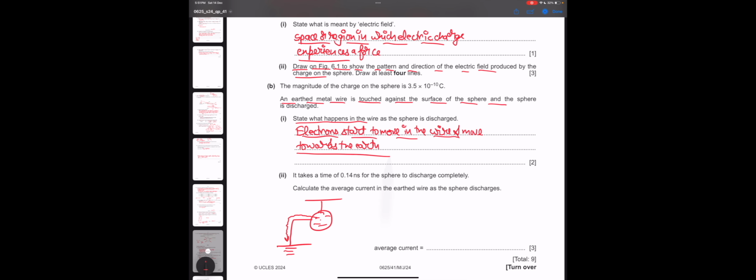Alright. It takes a time of 0.514 nanoseconds. This is n, which will be 10 to the power minus 9. So it takes a time of this much. So we can say I equals Q over T. Alright. Q will be how much?